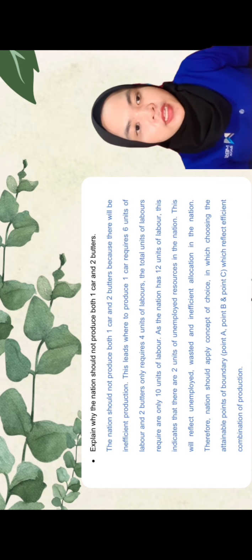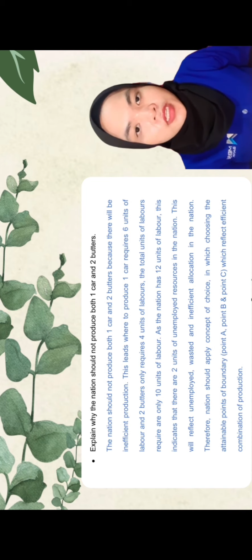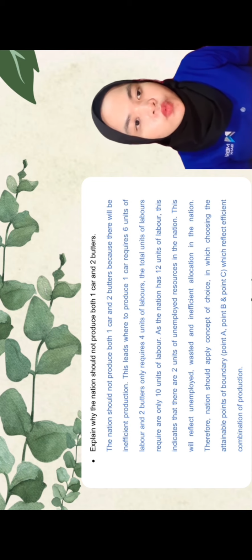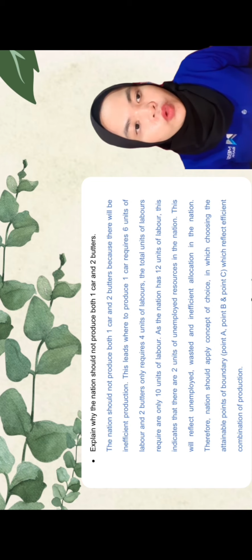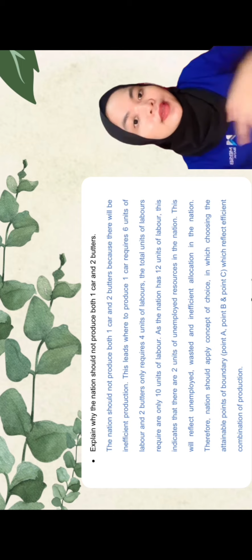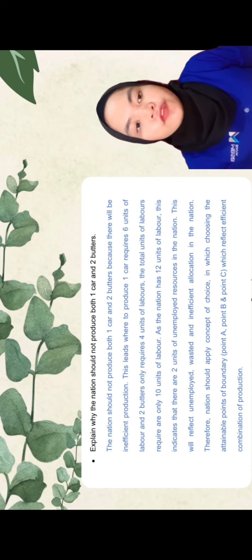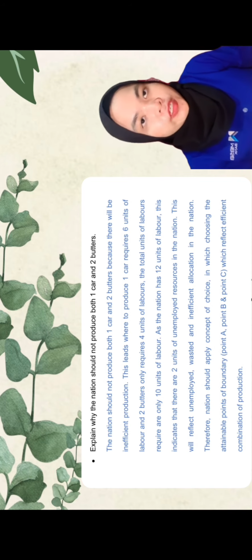This indicates that there are 2 units of unemployed resources in this nation. This will reflect unemployment, waste, and insufficient allocation in the nation. Therefore, the nation should apply the concept of choice, in which choosing the attainable points of the boundary, point A, point B, and point C, reflects an efficient combination of production.